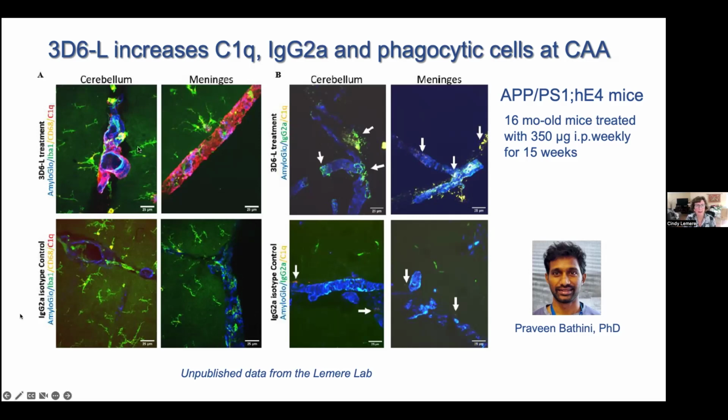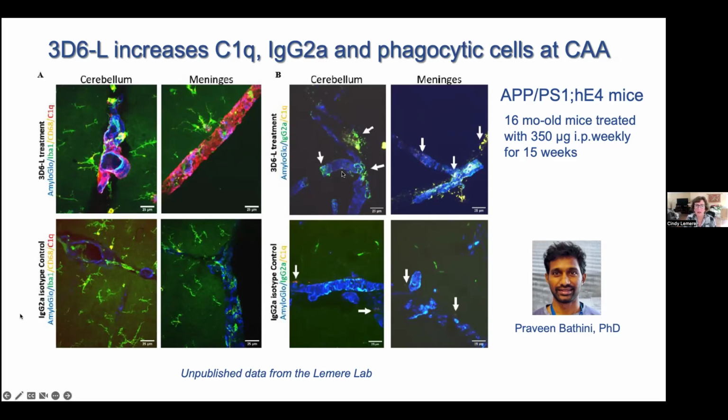And so it looks like complement may be getting activated in areas of CAA when mice are treated with this plaque binding antibody. And we don't see upregulation of complement C1q, or not a lot of additional co-localization. I mean, there's some inflammation already going on with the CAA, but it just seems to be enhanced or accentuated by the presence of the anti-amyloid antibodies.